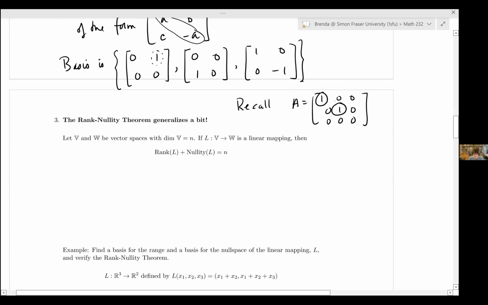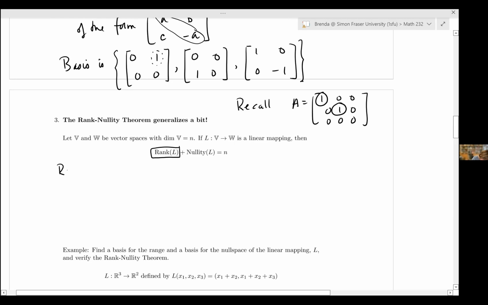This is a rank 2 matrix. More generally, instead of representing our linear transformation in a matrix and then row reducing and calculating the number of leading ones to get the rank, we could be thinking of the rank of L. What is the rank of a linear mapping? It is the dimension of the range.